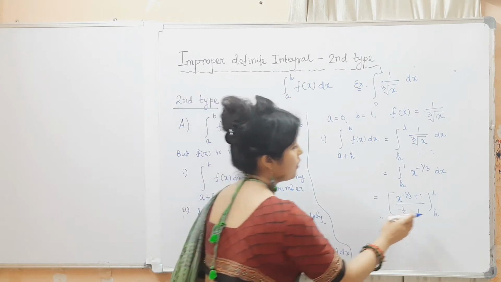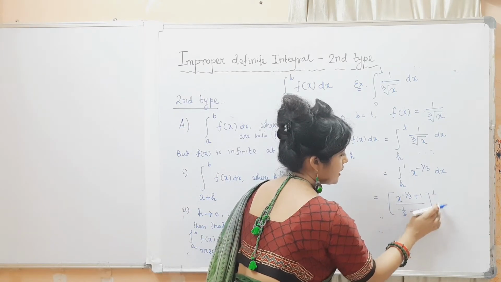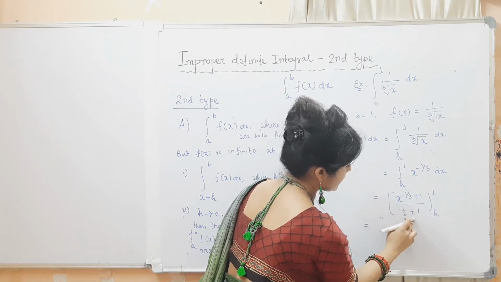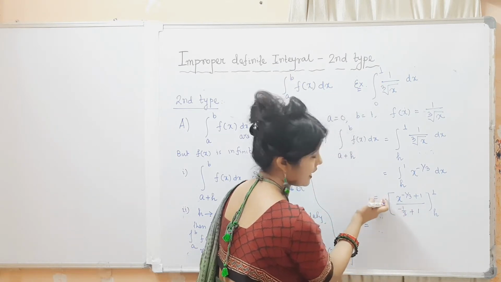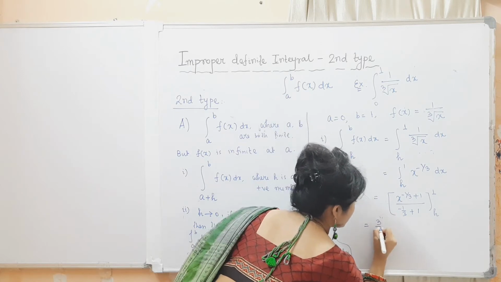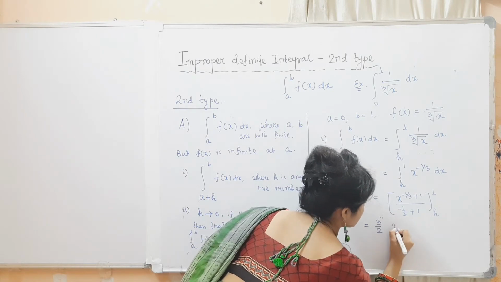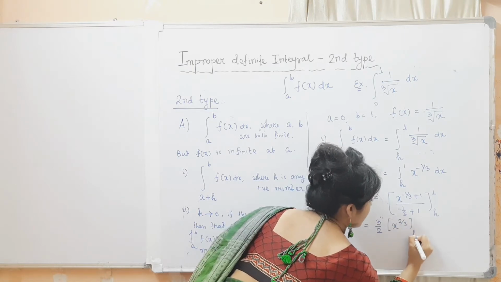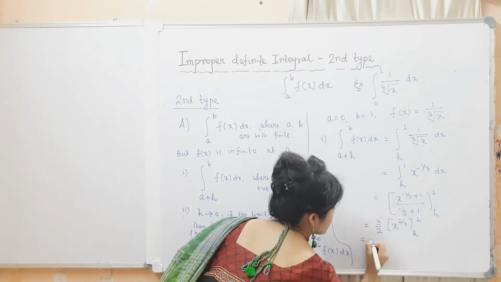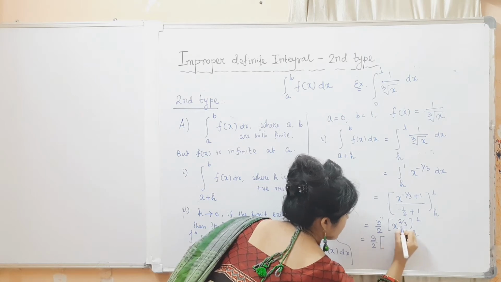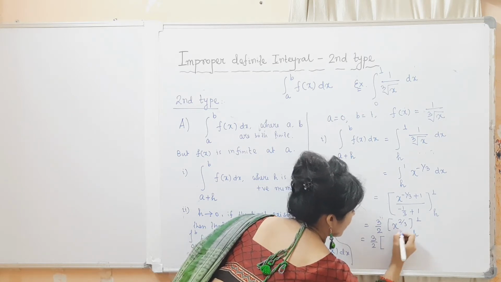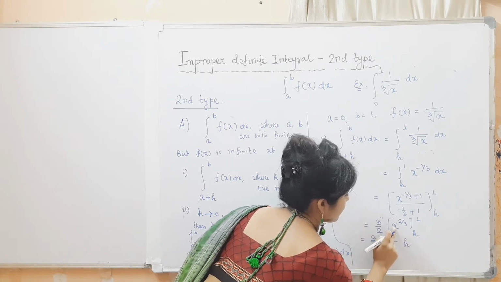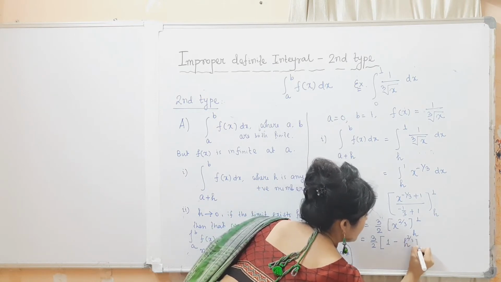Now the upper limit is 1 and the lower limit is h. The denominator is 2 by 3, and taking it to the numerator you get 3 by 2, and x to the power 2 by 3, with the limit h to 1. If you put the limit, you get 1 to the power 2 by 3, which means 1, and putting h, h to the power 2 by 3.